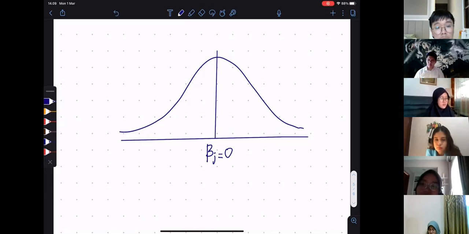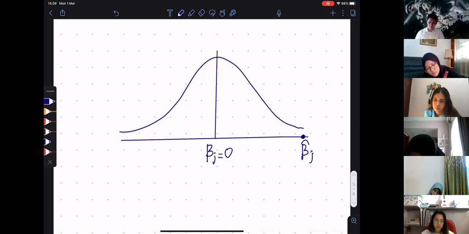Now suppose that we get a sample, we get data, and from the data we do some estimation, and we find that the value of the estimate is right here. So beta hat j is right there. Now we want to know whether this beta hat j is very unlikely. If it is very unlikely, then we reject the null hypothesis.